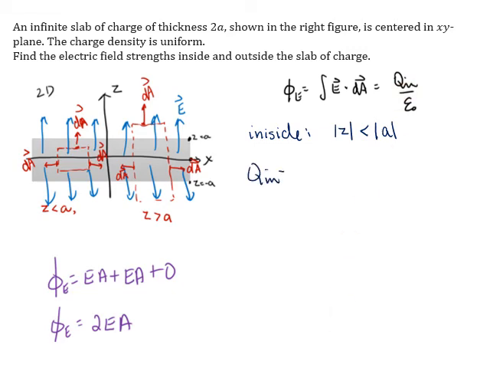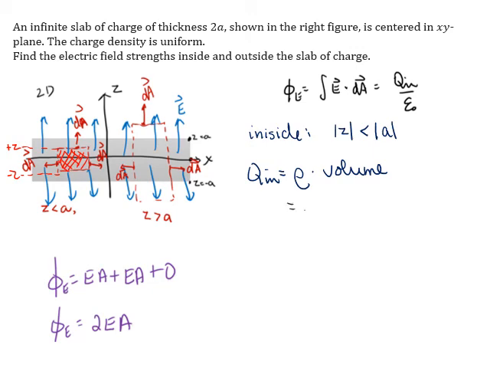Following what we've done in previous examples, the charge enclosed is the density times the volume. That's the volume of a block with thickness 2 times Z. So here's Z equals 0, this is plus Z, and this is minus Z. So our Q enclosed is the amount of charge that's inside this block right here.